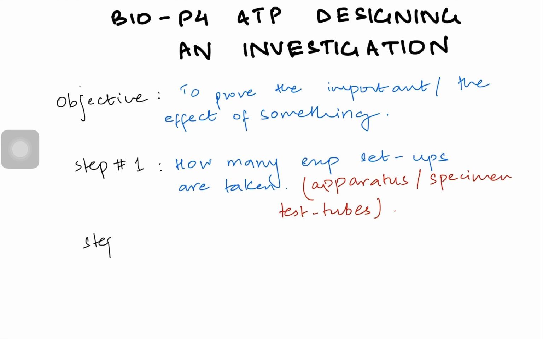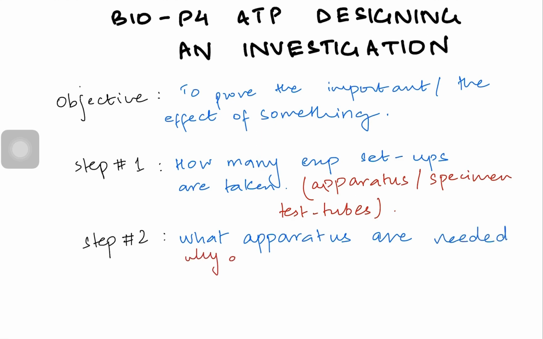In step number 2, you talk about what apparatus are most important for your study. So what apparatus are needed. And you also hint about why they are needed. It is also good to mention why those are needed in the first place.